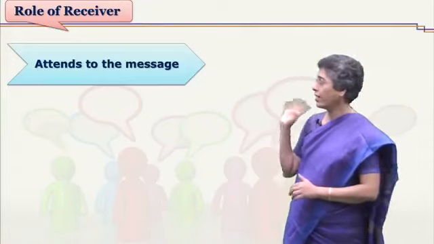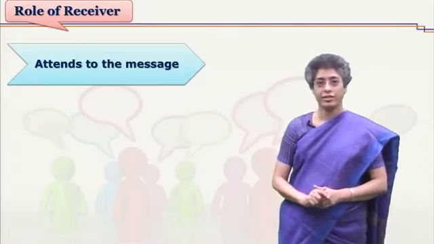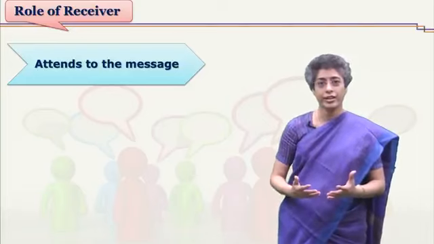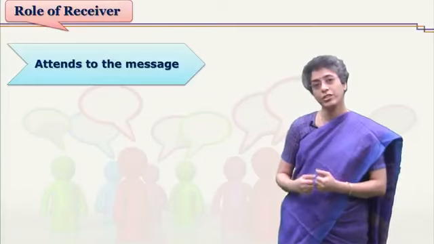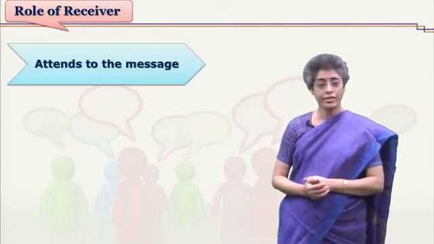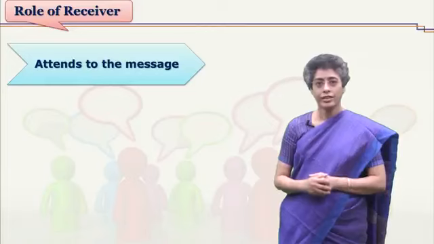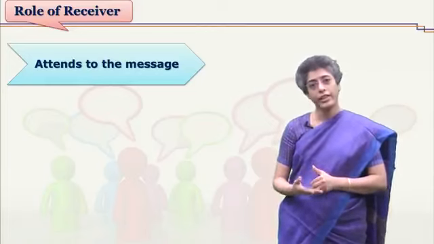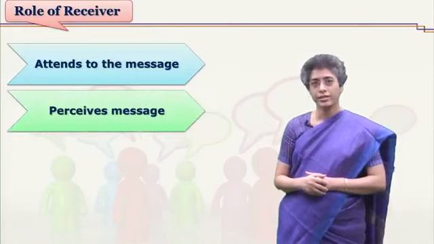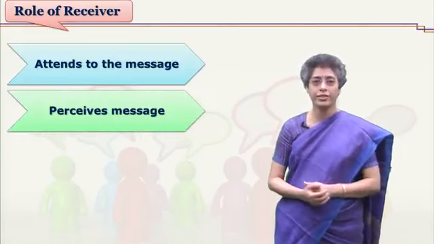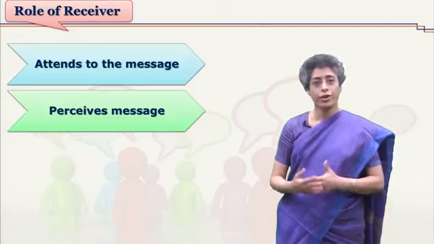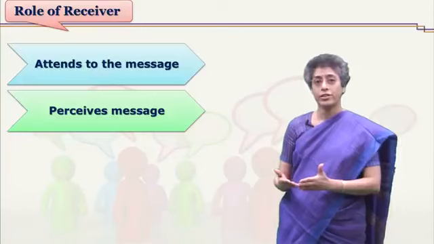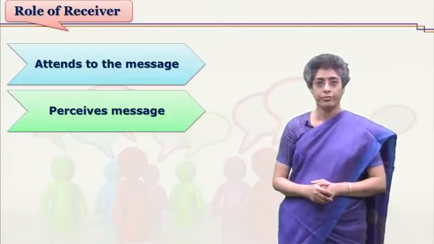First, receiver has to attend to the message. So, whenever sender sends a message and whenever receiver understands that some message is reaching to him or her, then receiver first attends to the message. After attending to the message, receiver perceives the message. So, it's not only about attending, but you need to perceive that message in its correct form.